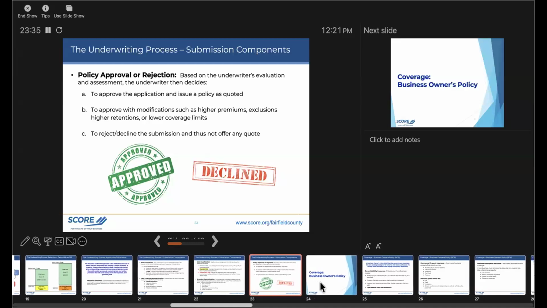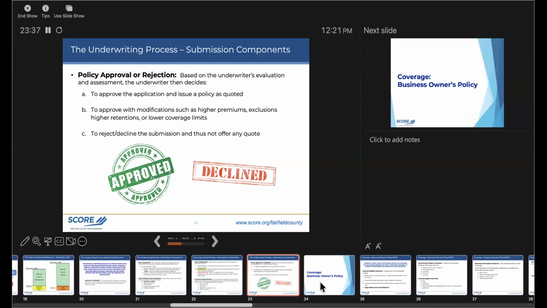So, policy approval or rejection based on the underwriter's evaluation. The underwriter decides to approve the application and issue a policy as quoted, to approve with modifications such as higher premiums, exclusions, higher retentions, or lower coverage limits, or to reject or decline the submission, and thus not offer any quote.